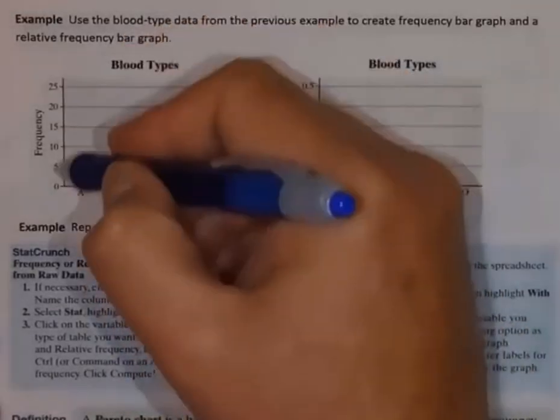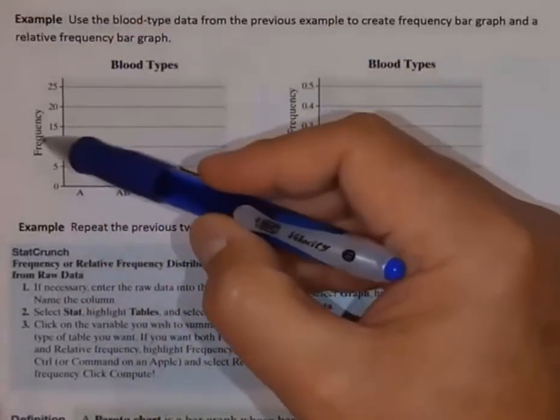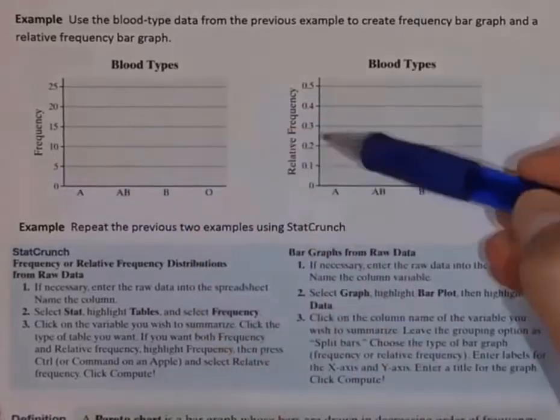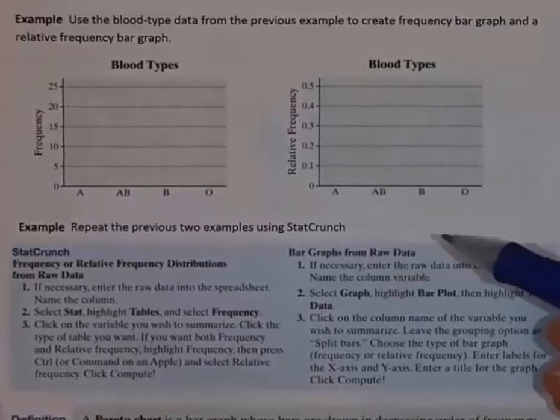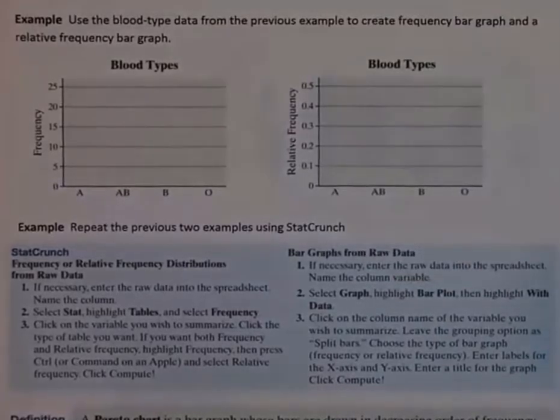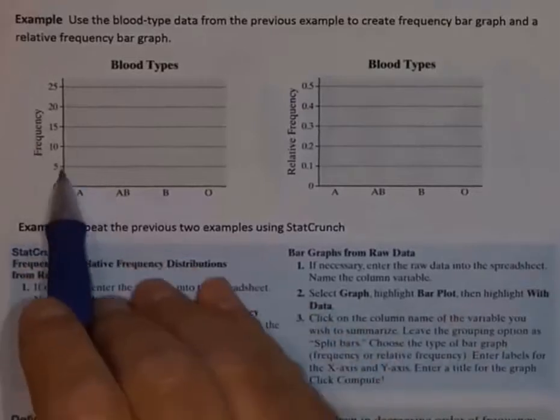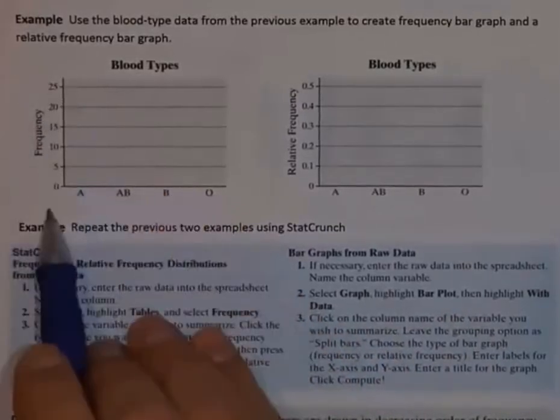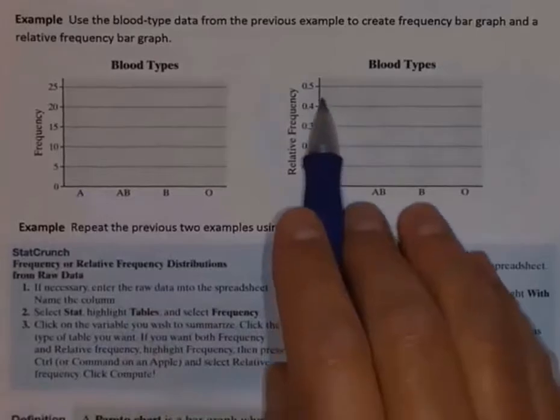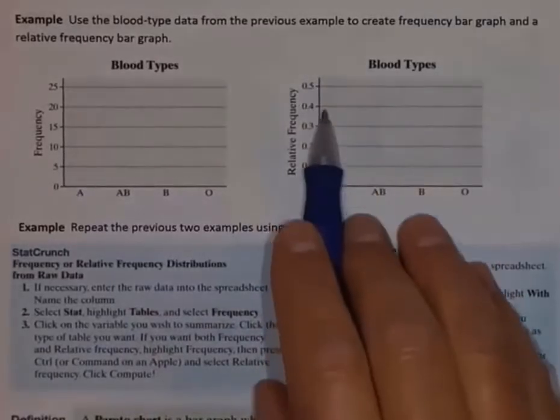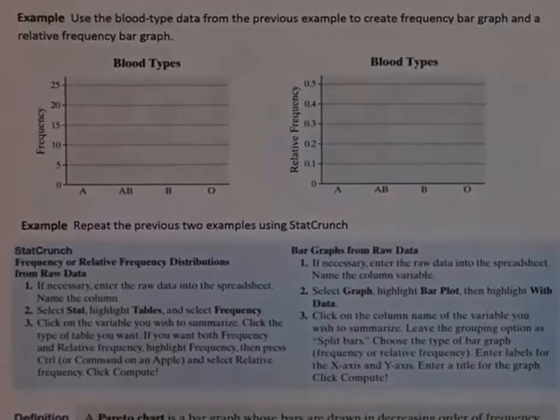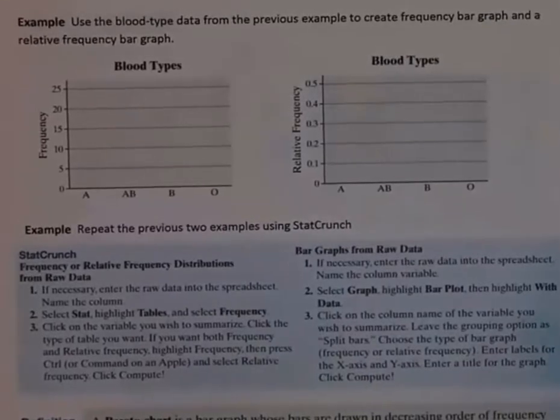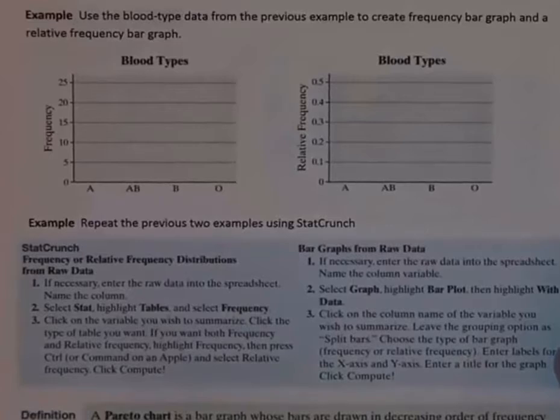And then for this graph, the vertical axis I have as the frequency, and for this graph, I have the vertical axis as the relative frequency. So if we want to create a frequency bar graph, then we're going to use the frequencies for the vertical axis. If we want to create a relative frequency bar graph, then we're going to use the relative frequencies on the vertical axis. Otherwise, all I have to do is draw bars of the appropriate height.